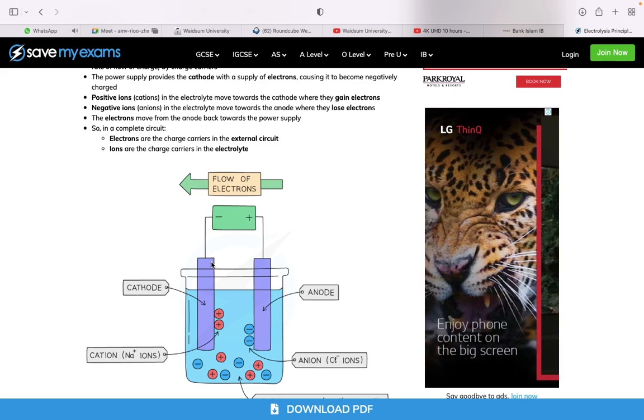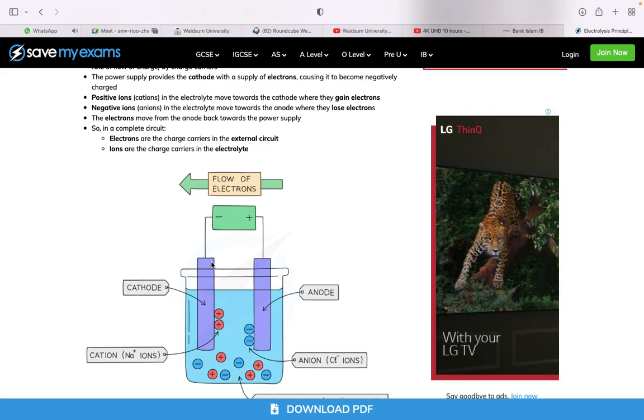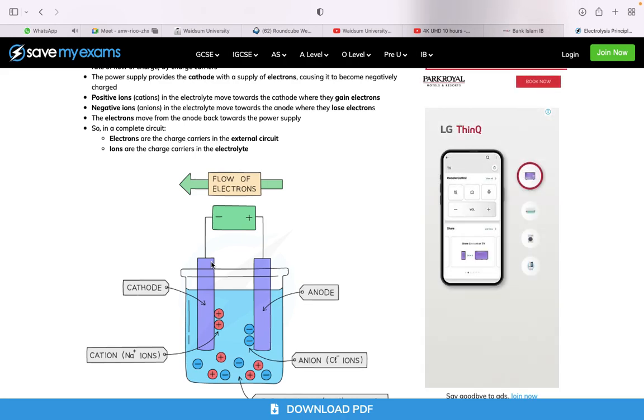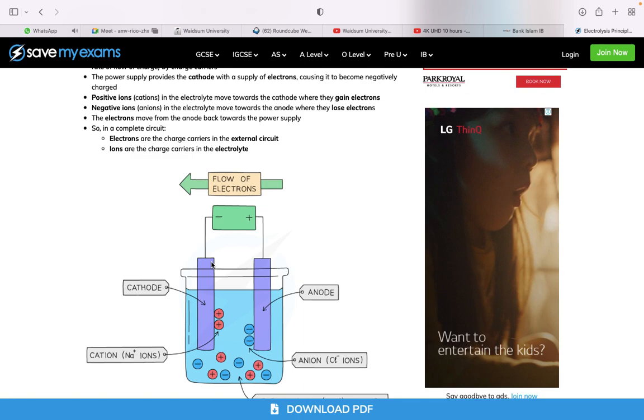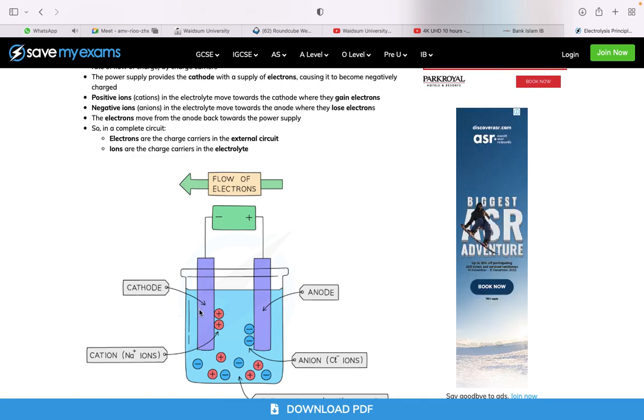But the moment you connect them with a battery, electron will flow to one side and positive charge will flow to the other side. The one that has electron flowing into it is called the cathode. It becomes a negatively charged electrode.